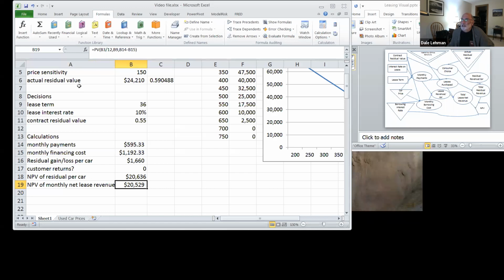And we're actually losing money on this, so the present value formula is, hold on a second here.